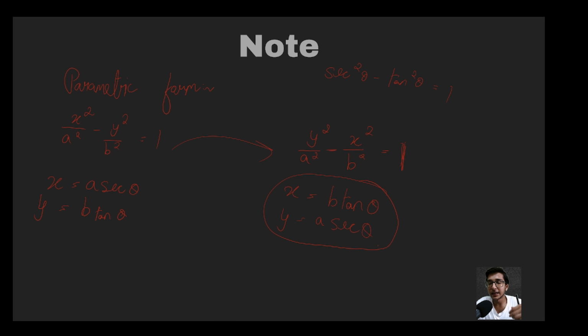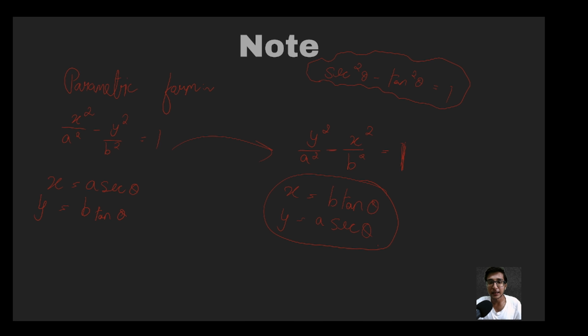I hope you understand why we are doing this, because this was a property that we had studied in trigonometry, which is satisfied. When we were talking about the ellipse, what was our parametric form? It was a cos theta, b sin theta. So basically it was cos square theta plus sin square theta equals 1. Similarly, you have to assume x and y in such a way that it becomes sec square theta minus tan square theta equals 1.